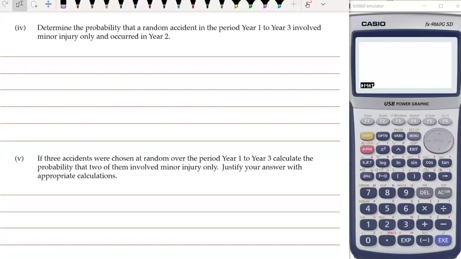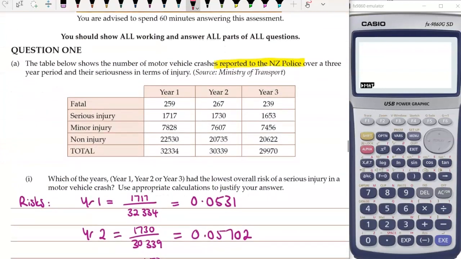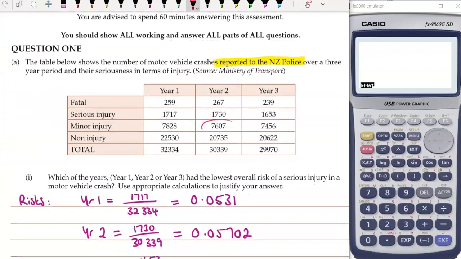Okay, now let's determine the probability that a random accident within this period involved minor injury only and occurred in year 2. So minor injury and year 2. Let's take a look back at our numbers. So minor injury in year 2 is 7607.